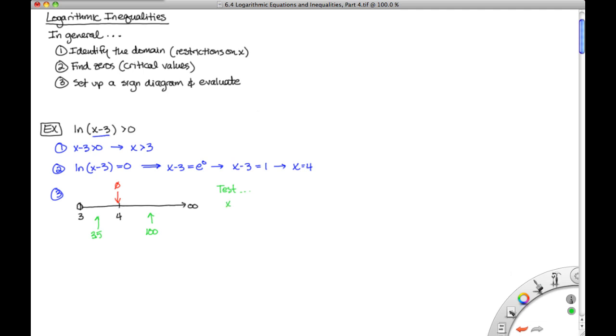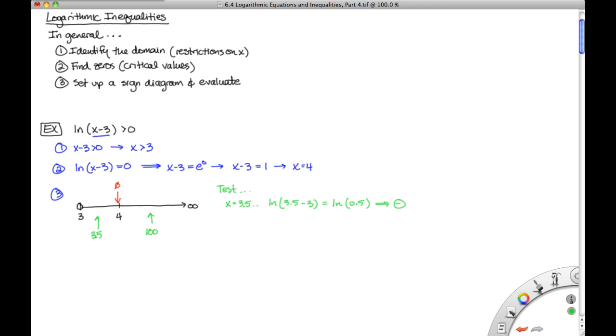So if we tested x equal to 3.5, we'd have the ln of 3.5 minus 3, and this would just be the ln of 0.5. And what we notice here is that this is going to be a negative number. We could get that on our calculator, or we might just know that the log of a number less than 1 is going to be negative.